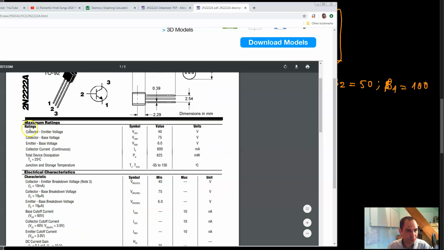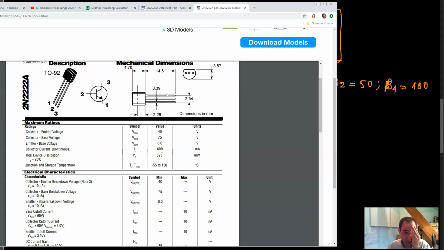These are the maximum ratings: collector emitter voltage, collector base voltage, emitter base voltage, collector current 600 milliamp continuous, which is way too high for such a small transistor. And this is the total device dissipation, 625 milliwatt, and this is the junction storage temperature, and so on and so forth.